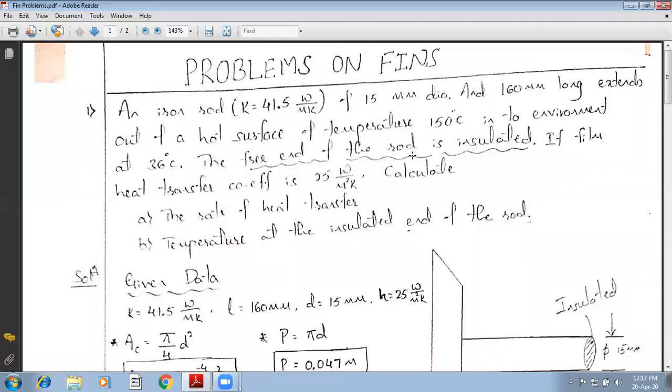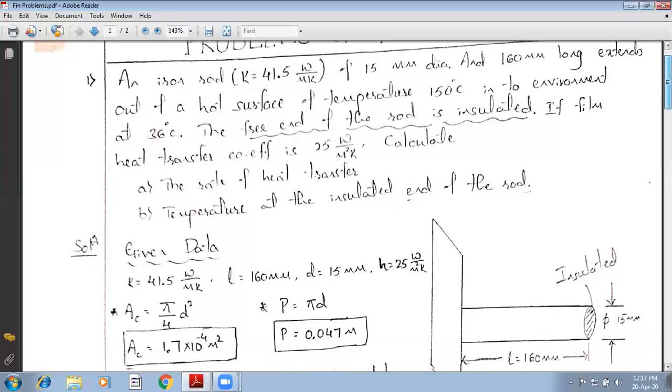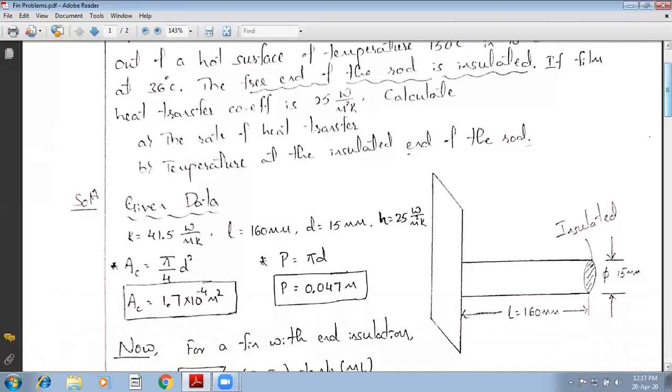Now, if you understand the problem, it is something like this as shown in the figure. You have a hot surface which is at 150 degrees Celsius. This is also called as base temperature. In order to increase the heat transfer from this surface, we have attached this metallic strip, and this is having a circular cross section.